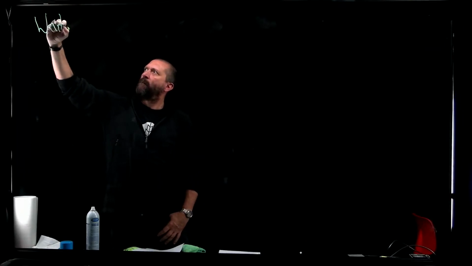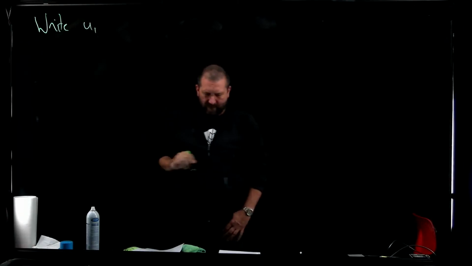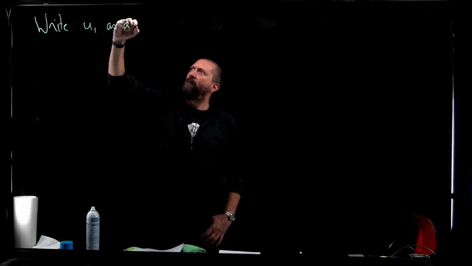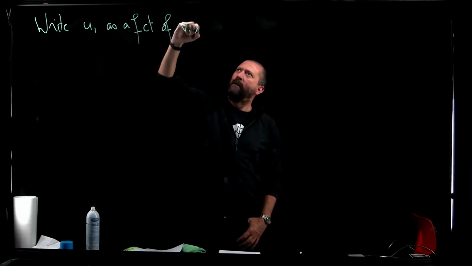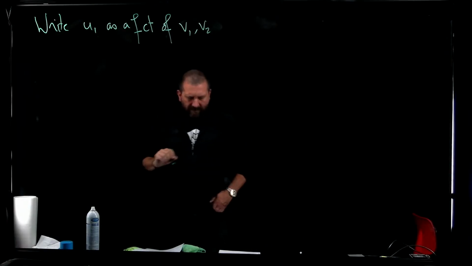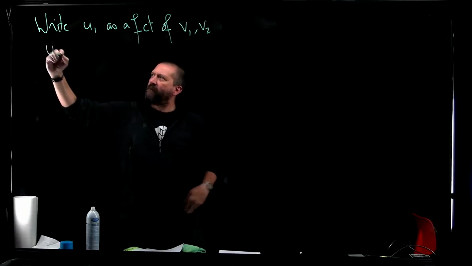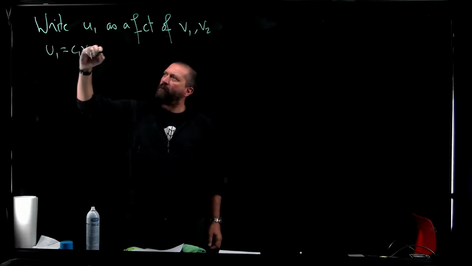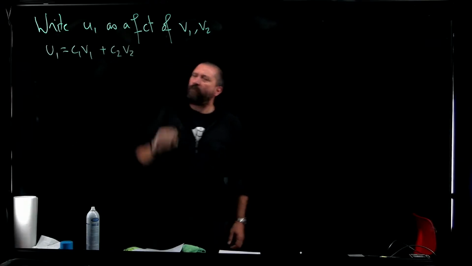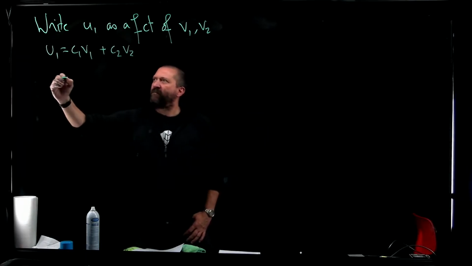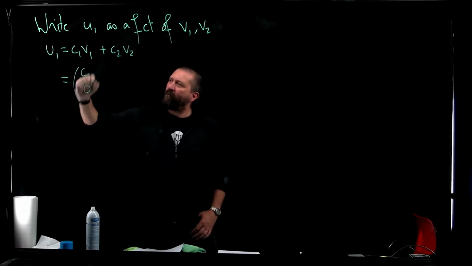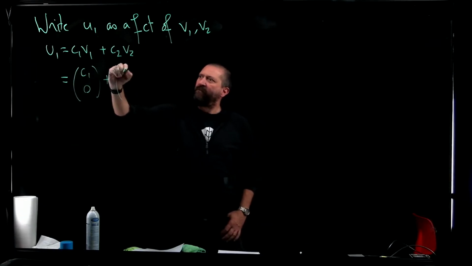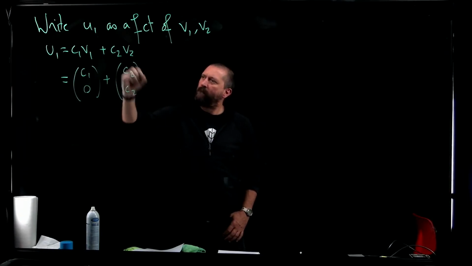So what we want to do is write u1 as a function of v1 and v2. That means writing u1 as c1 v1 plus c2 v2. So v1 is the vector (1, 0), so that's (c1, 0), plus (c2, c2).